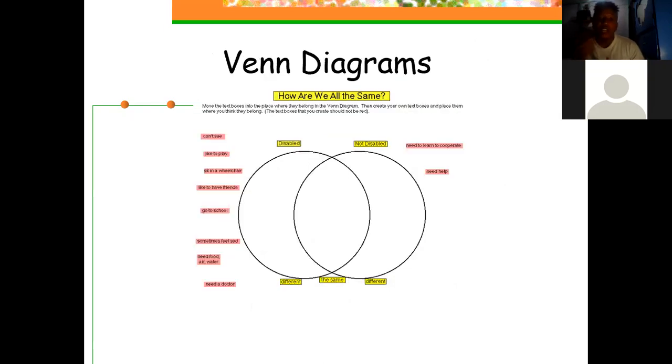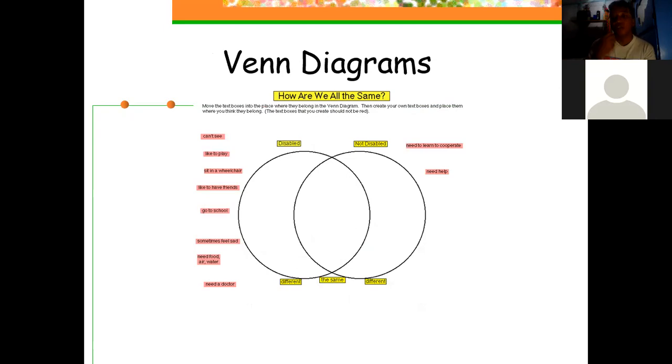Another organizer is the Venn diagram. It consists of text boxes, the places where ideas belong in the Venn diagram.